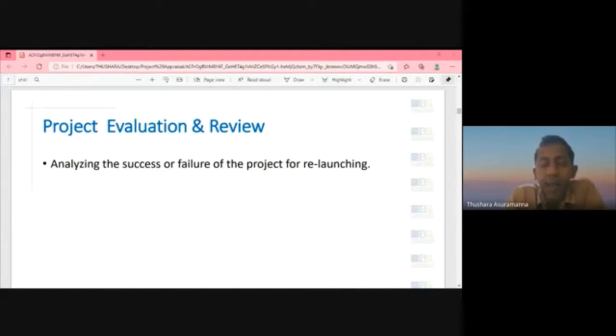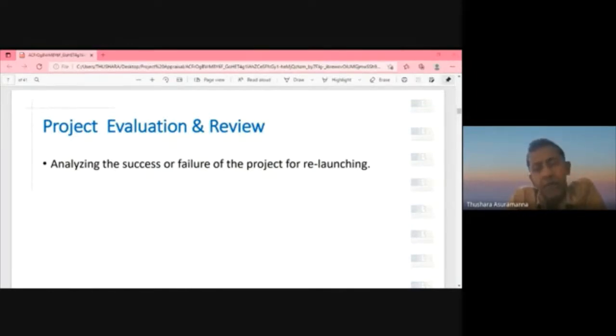The bank critically looks into the pros and cons, the successes and failures, in the project assessment, appraisal, and project financing.